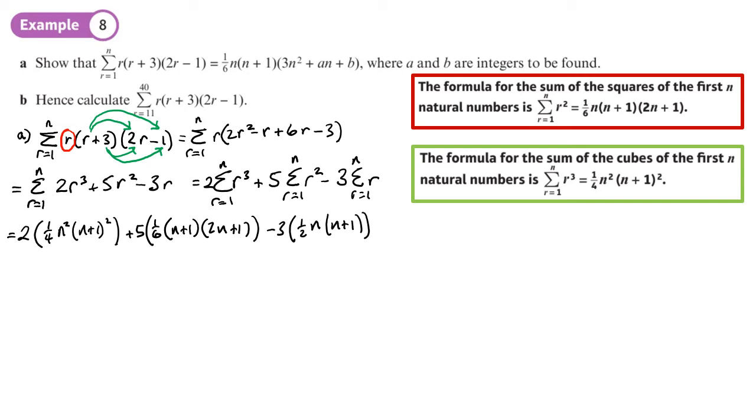Right, so like before, can we see any common factors? Because this is going to be hard work to multiply this all out. Well, straight away, I see n plus 1 there, so I can take that out because that's what I want as a factor. There's an n plus 1 there, there's an n plus 1 there, so I'm going to take those out.